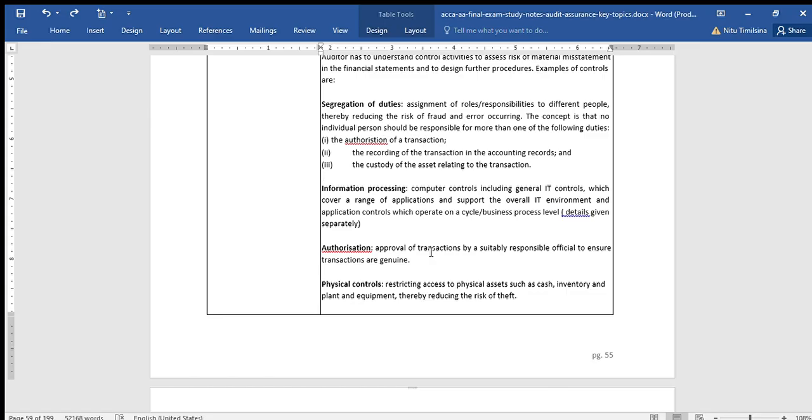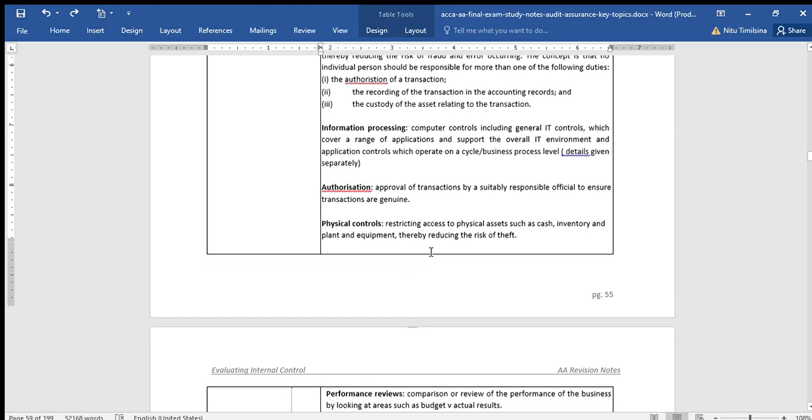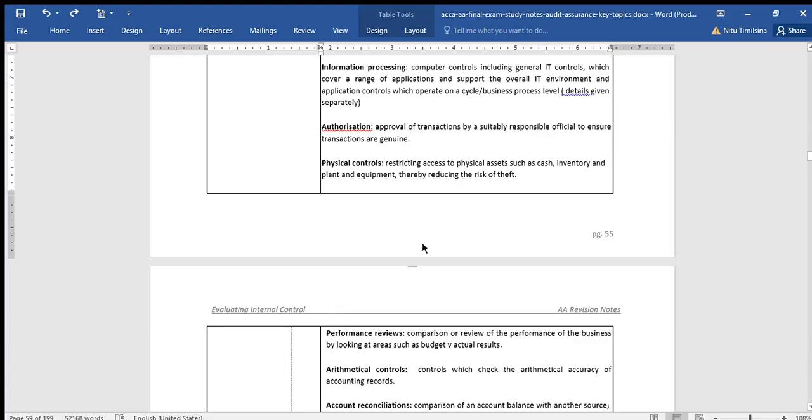Authorization, approval of transaction by suitably responsible official to ensure transactions are genuine. Means only approved transactions are allowed. Physical control, restricting access to physical assets such as cash, inventory, and plant and equipment, thereby reducing the risk of theft.